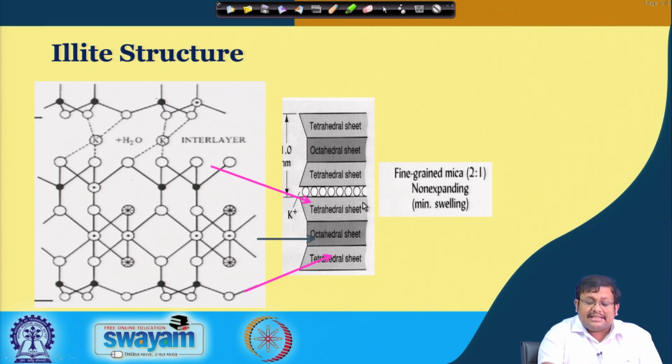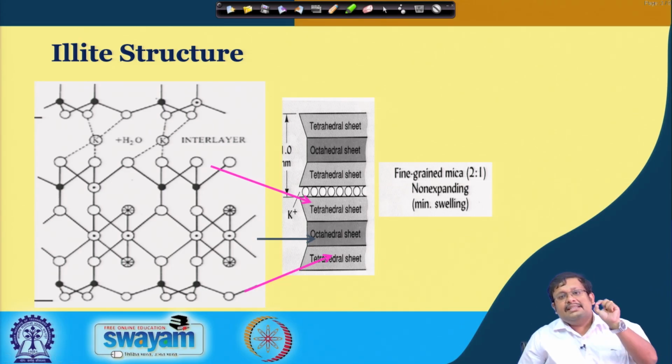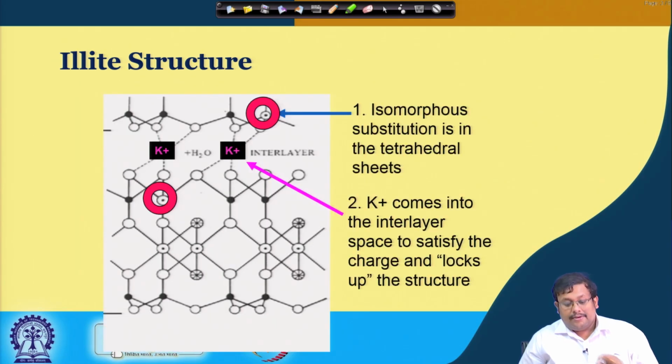The interlayer space is occupied by this potassium ion, and since it is a weathered product of mica, it is also known as fine grained mica. It is a non-expanding type of mineral. It shows minimum swelling because of this interlayer potassium, which collapses the structure, since these potassium ions are very small in size.